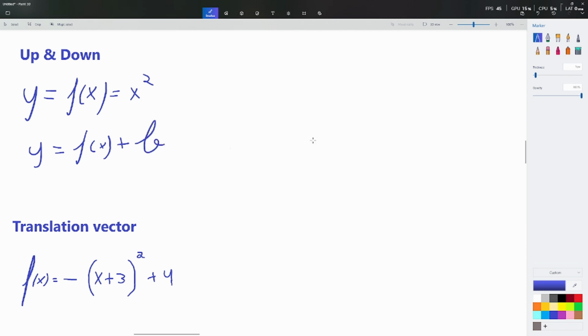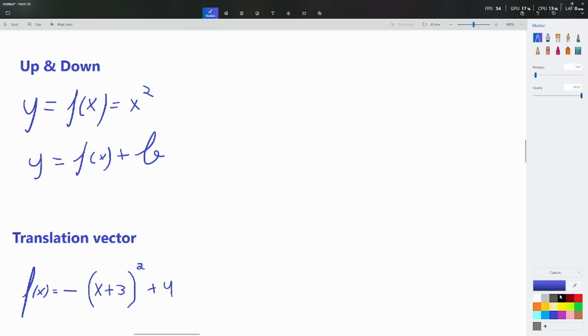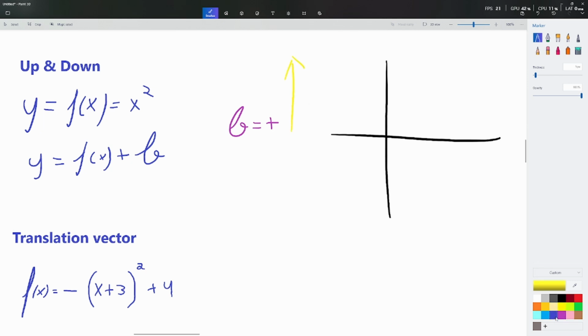What this means is that depending on what b is, if b is positive, your function will move up. However, if b is negative, then your function will go down.